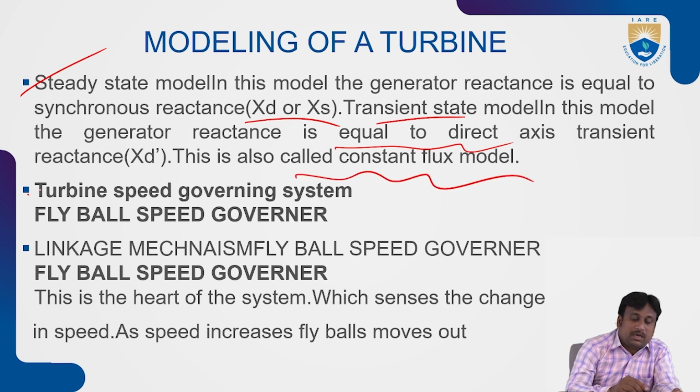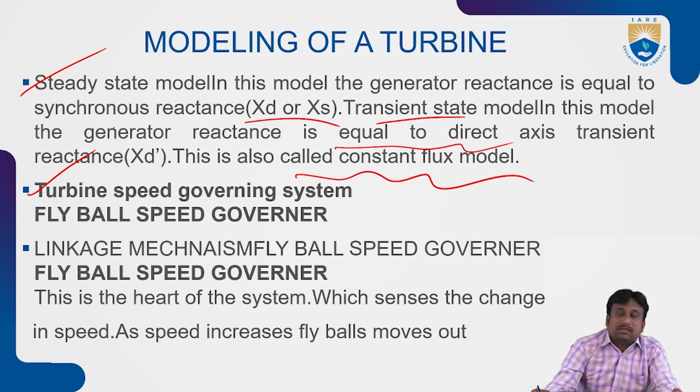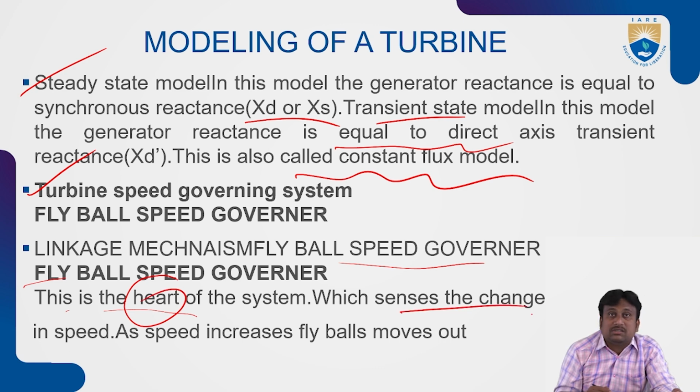Coming to the turbine speed governing system, it is associated with one block called the flyball speed governor. Here the linkage mechanism and the flyball speed governor are considered. This is the heart of the system, one of the main blocks, and it senses changes in speed.